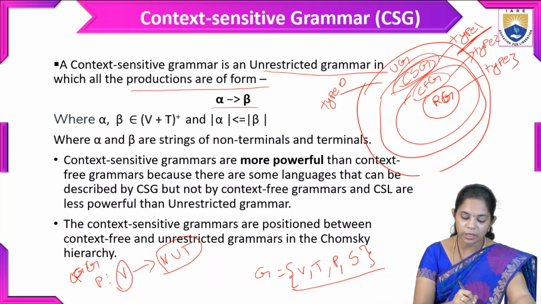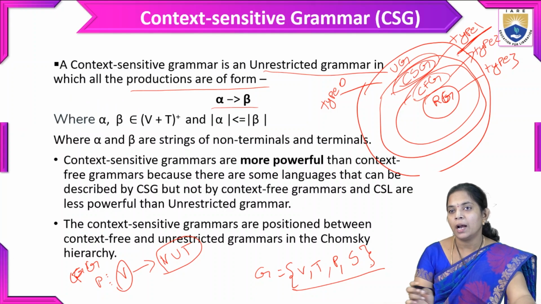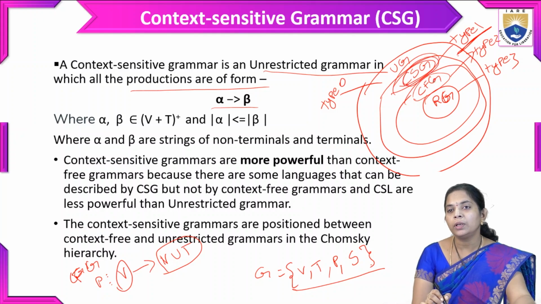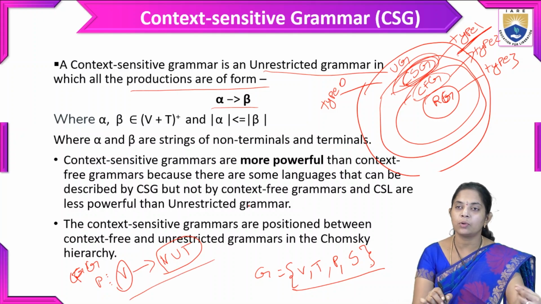That is the context free grammar. Coming to the context sensitive grammar, we are going to give limitations to the unrestricted grammar's production rule.